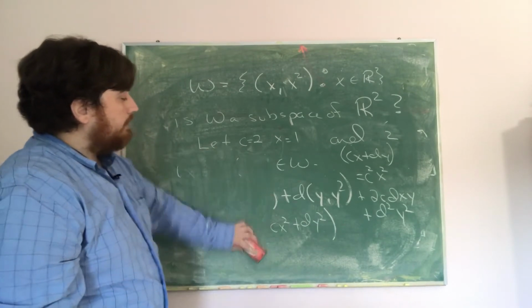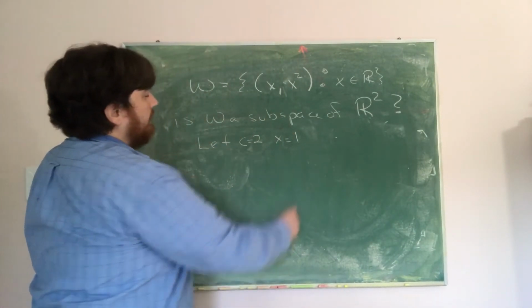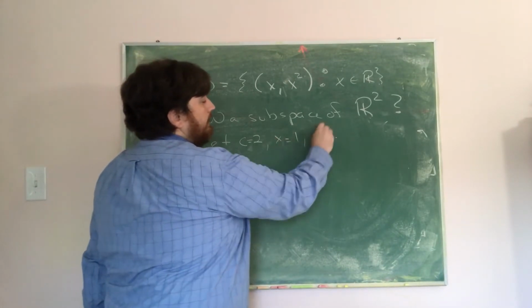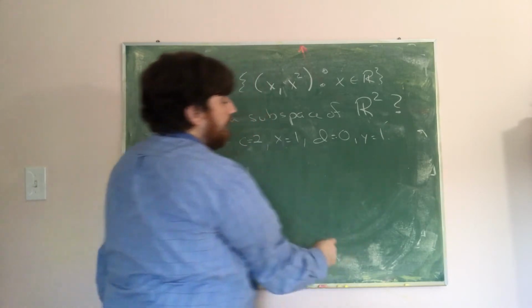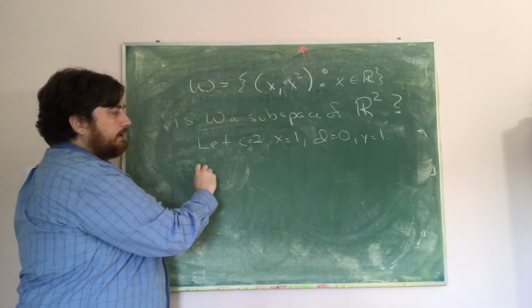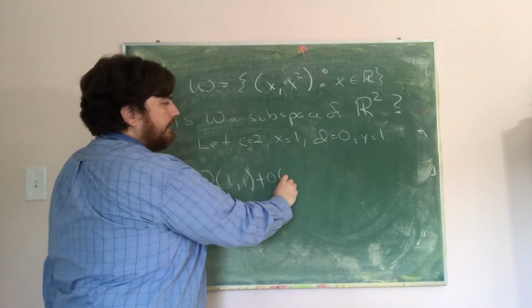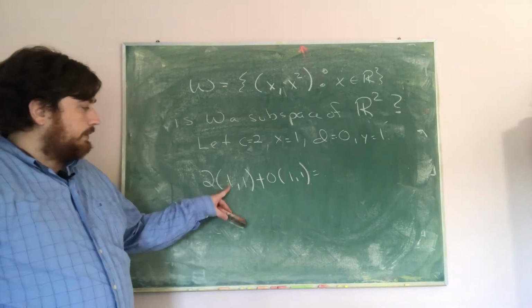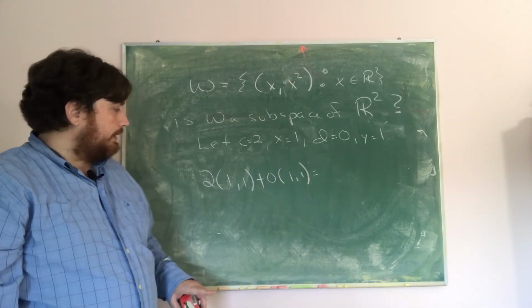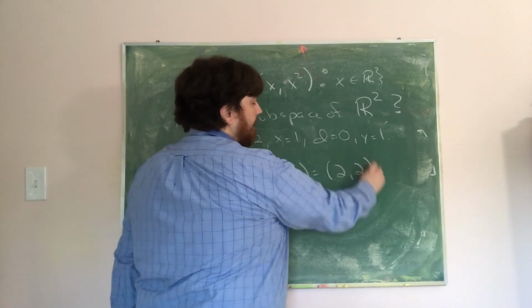And I should let d be 0 and y be 1. If I multiply these out, I get 2 times (1, 1) plus 0 times (1, 1), because 1 squared is 1. Multiplying this out, I get just the vector (2, 2).